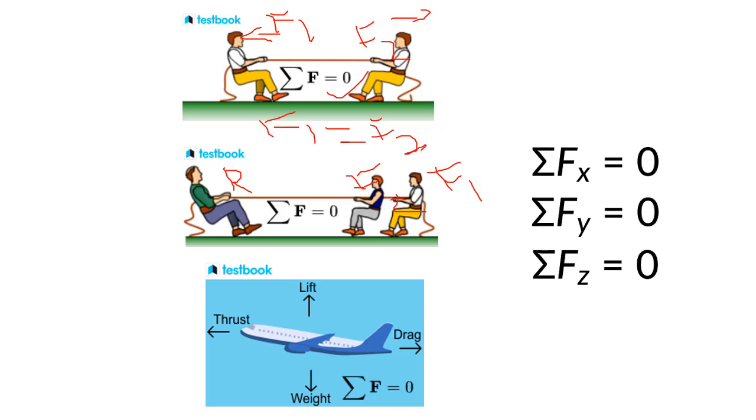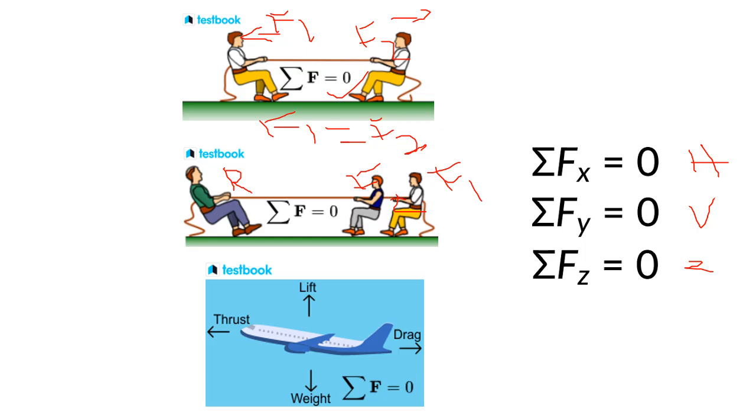If we look at it clearly, Fx is equal to 0, that is, horizontal force in all directions is equal to 0. Vertical force in all directions is equal to 0 when you add it. Similarly, if there is a third direction, that is Z, the summation of force is equal to 0.